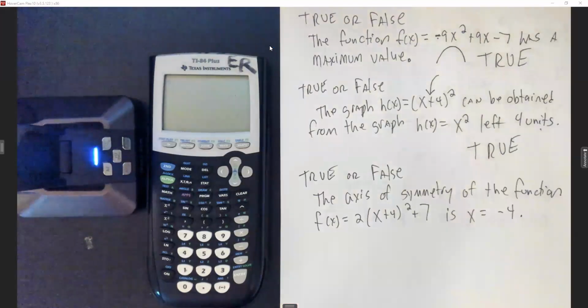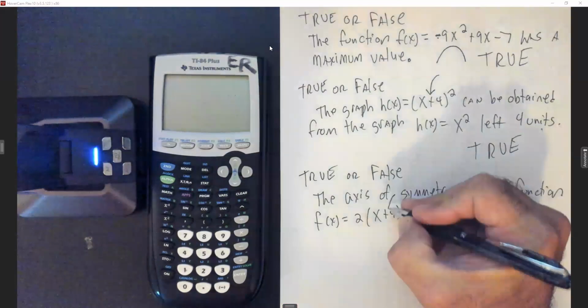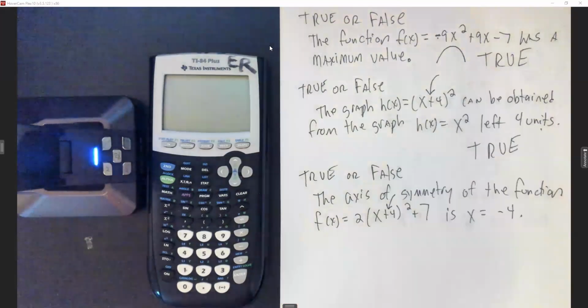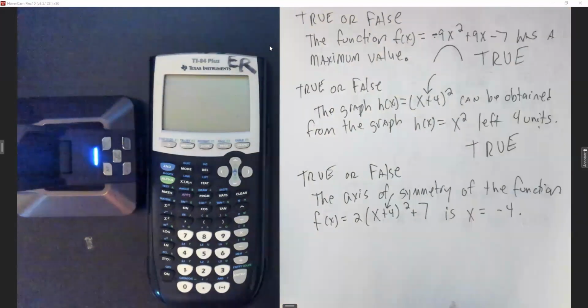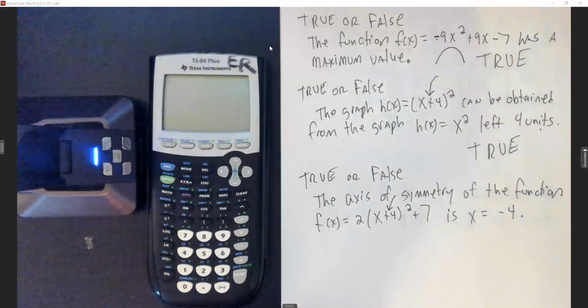And what you've got to think on this one is again, that right there. Since that's a positive 4, it's actually going to move my graph left 4 units, which would definitely be on that -4. And since that's the x value, that would be the axis of symmetry. So once again, we're going to put true for that.